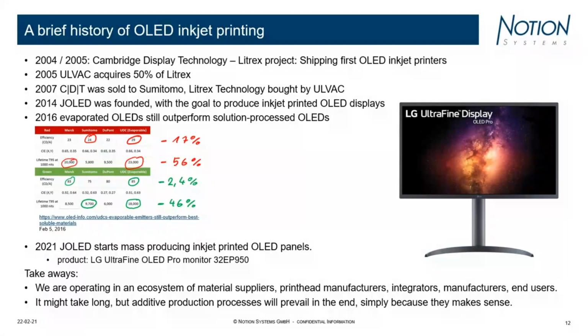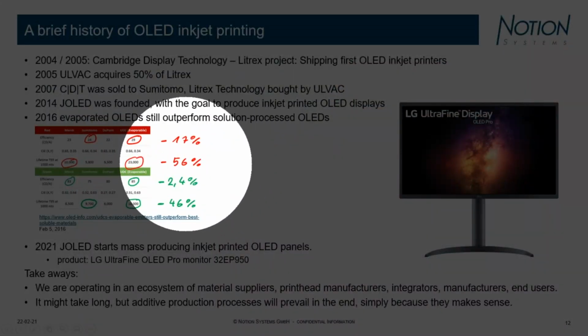7 years later, in 2014, JOLED was founded with a goal to produce inkjet OLED displays. So in 2016, if you look at the performance, and this is possibly something that goes along the lines of the previous talk, if you look at the performance of evaporated OLEDs against solution processed OLEDs, you still see the differences.